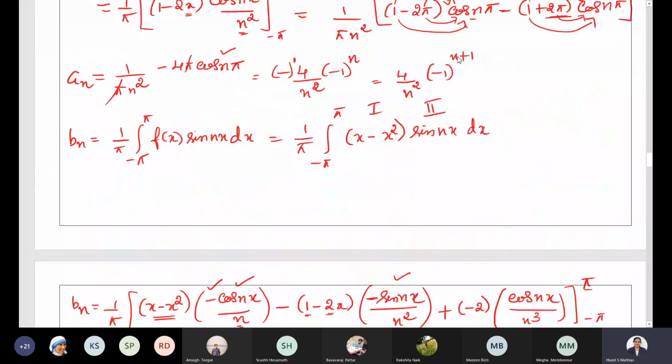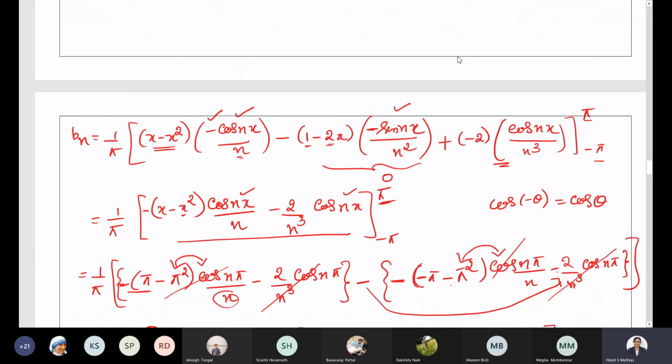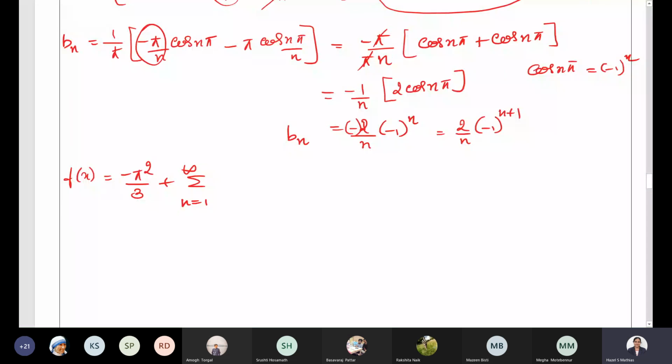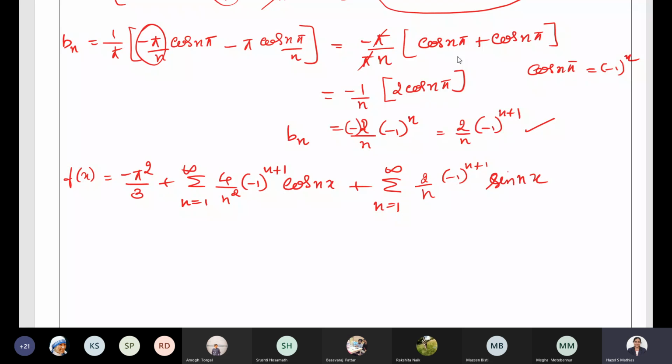There it is. 4 by n square minus 1 power n plus 1 into cos nx plus summation n equal to 1 to infinity bn. bn is here 2 by n minus 1 power n plus 1 into sin nx. So this is the Fourier series expansion of f of x equal to x minus x square. This was asked in the December 2016 paper.